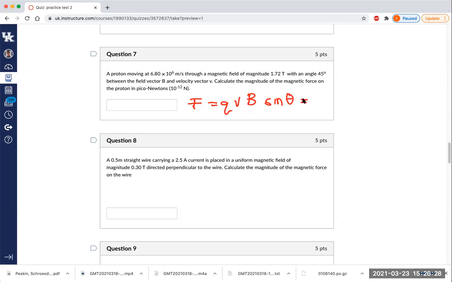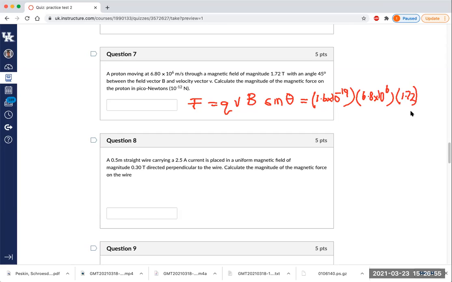So to solve this, we just have to plug in the charge of the proton, 1.6 times 10 to the minus 19 coulombs, the velocity of the proton, 6.8 times 10 to the 6 meters per second. The field that it's moving through, it's 1.72 Teslas.